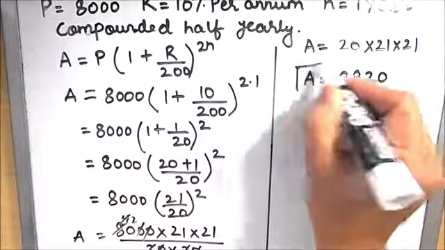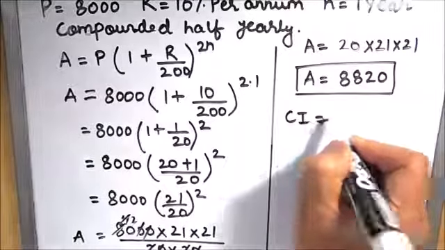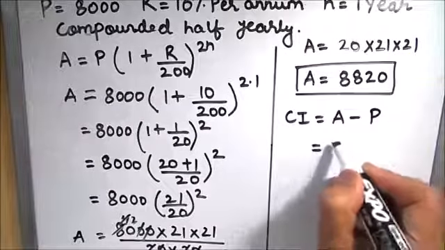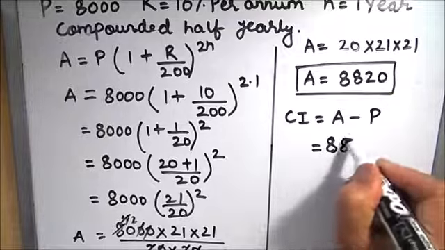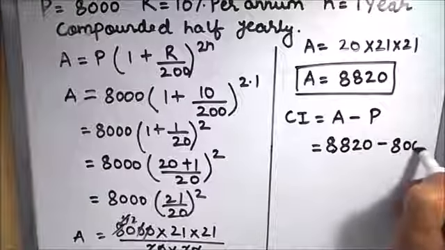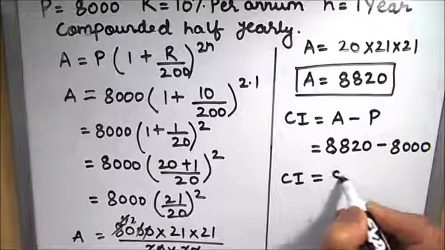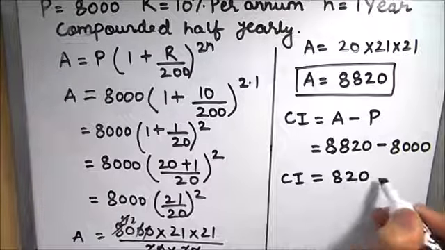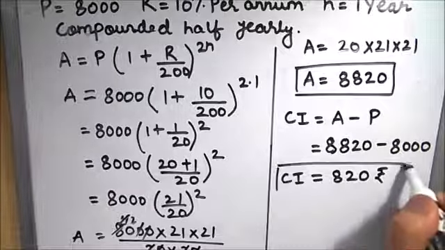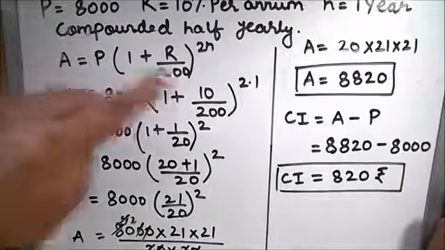So this is our amount and we need to find the compound interest, which will be amount minus the principal amount. So our amount 8,820 minus the principal 8,000. So compound interest will be 820 rupees. So this is our final answer when the interest is compounded half yearly.